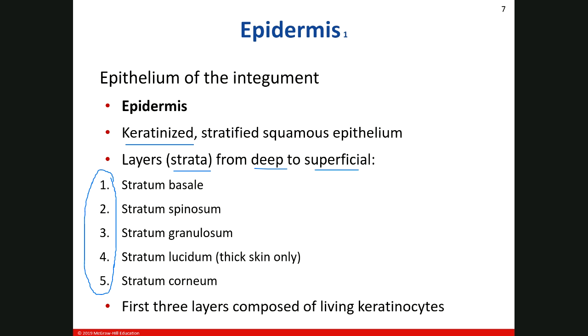In these bottom 3 layers, that's where we're going to see the living keratinocytes. In the stratum granulosum, that's where they'll start to die. That's the layer where they start to produce the keratin. I'm going to go through each layer like we did in lab, briefly.